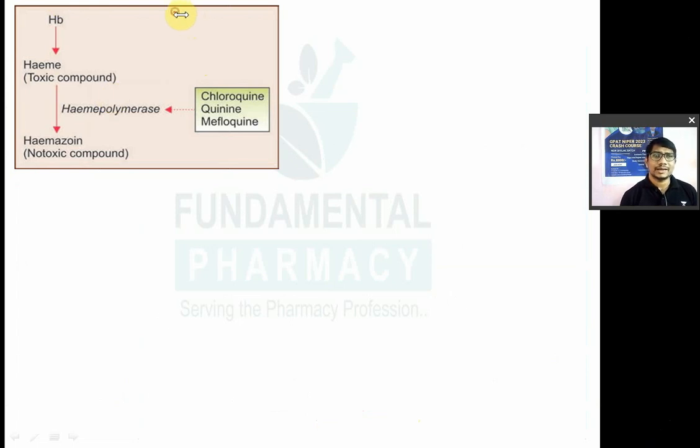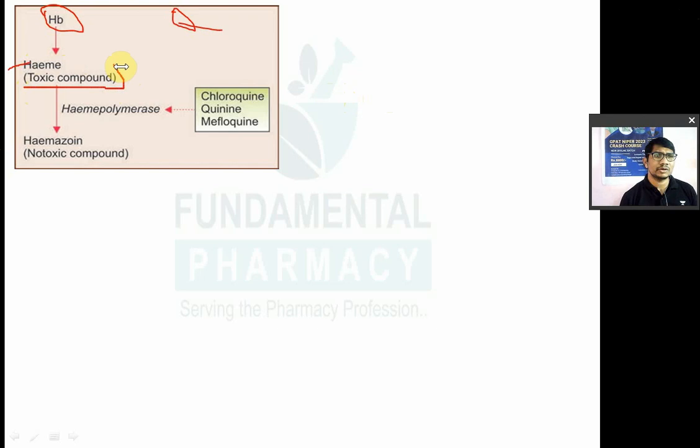The malarial parasite gets entry into your RBC and digests hemoglobin. It utilizes that hemoglobin for the synthesis of amino acids and of a pigment of the membrane. The malarial parasite digests hemoglobin and releases heme, which is a toxic compound to the malarial parasite.